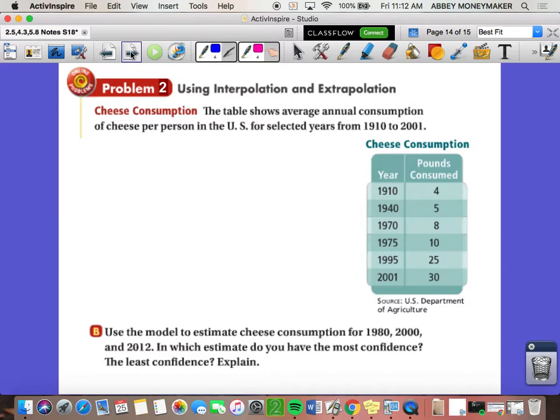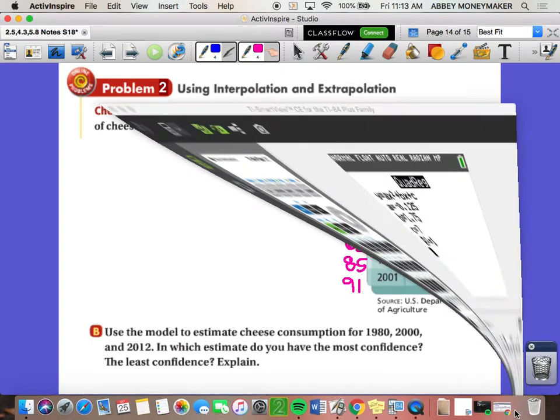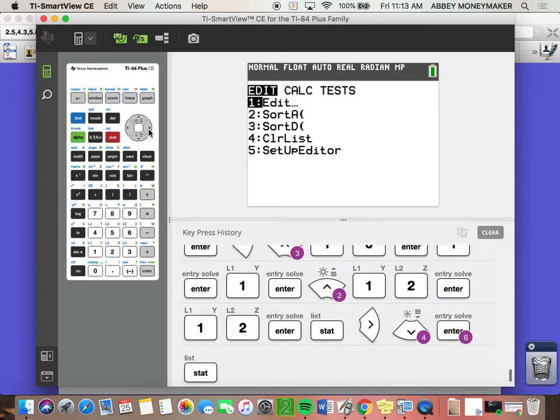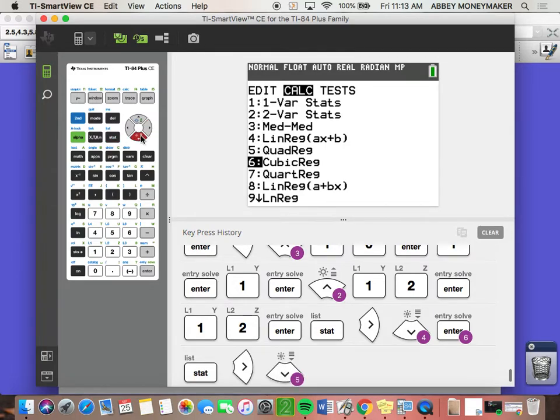Are we doing the 0 and all the things? So 0, 30, 60, 65, 85, 91. Oh, that's hard to do mental math. So when you run that regression, when you type that in, let's run the quartic.